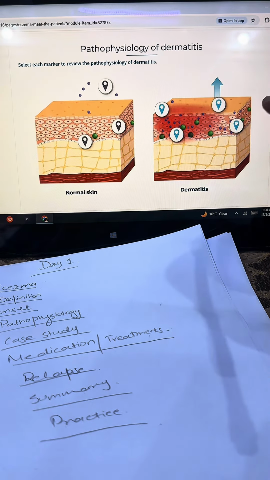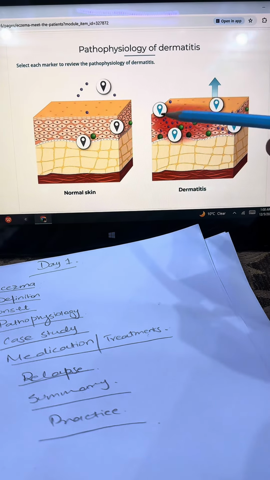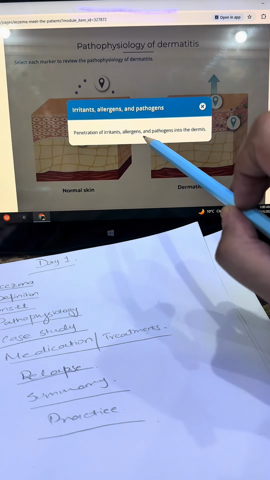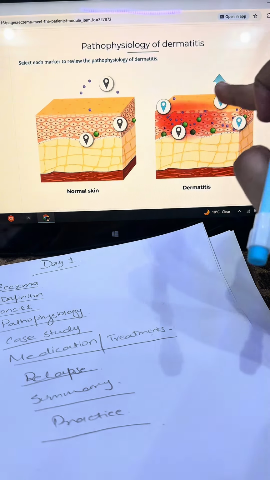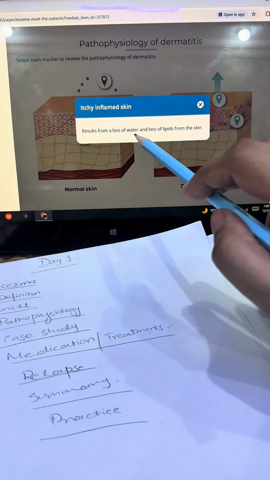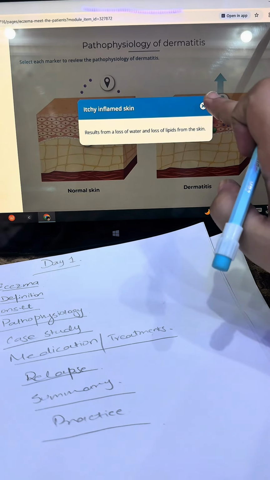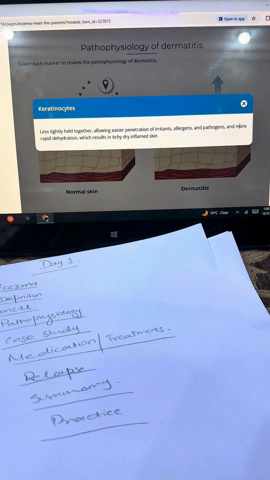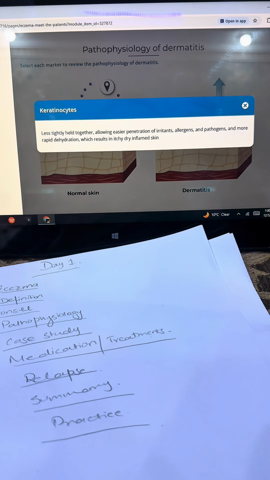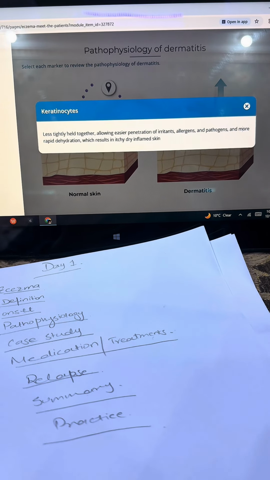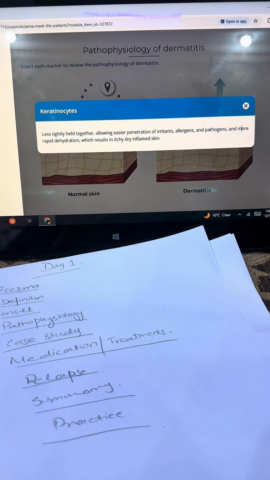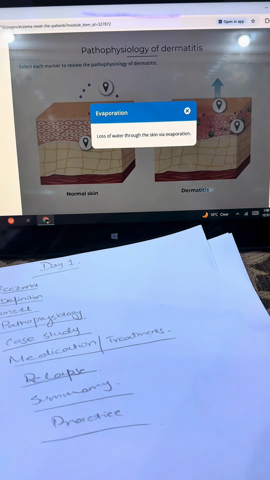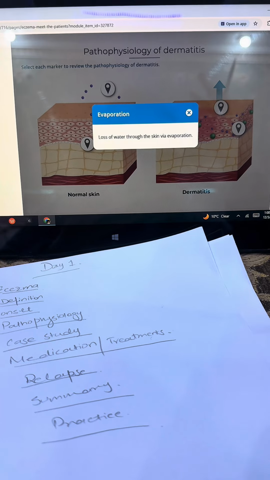And in dermatitis, you can see the inflammation on the skin. Penetration of irritants, allergens, and pathogens into the dermis results from a loss of water and loss of lipid from the skin. Keratinocytes are less tightly held together, allowing easier penetration of irritants, allergens, and pathogens, and rapid dehydration, which may result in dry, itchy, inflamed skin, with loss of water through the skin by evaporation.